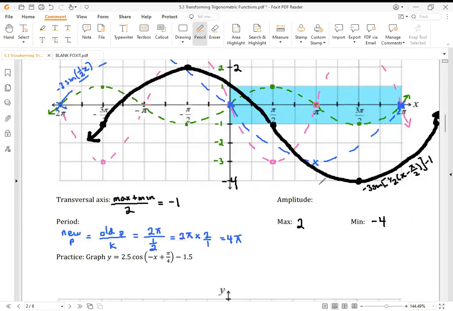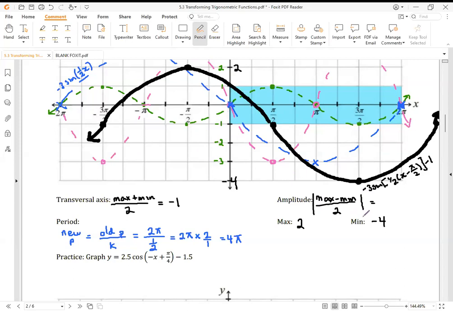Amplitude. Your teacher might have also given you a formula in grade 11, where if you want to find how far I go up or down, you essentially calculate the difference between max and min and cut it by half, or divide it by 2. And of course, it needs to be an absolute value.